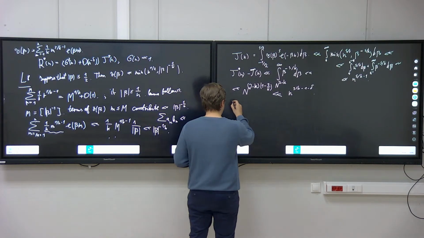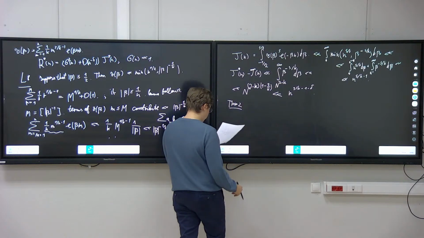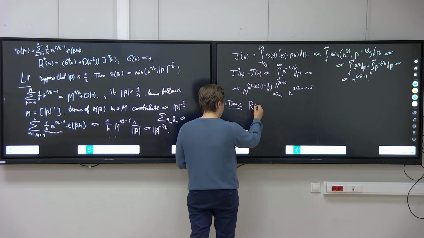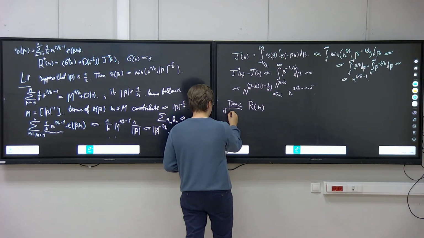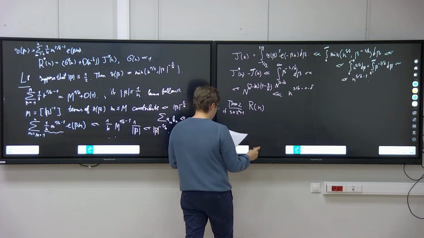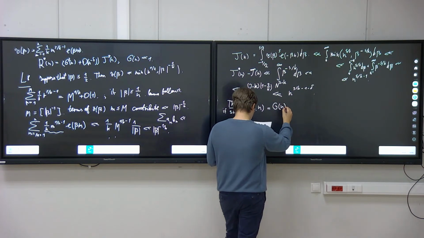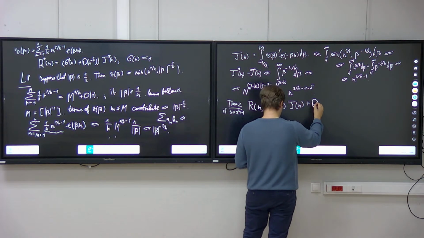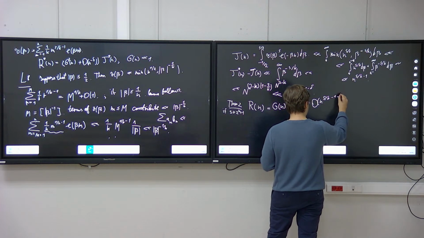Okay, and so theorem 2, including the previous lecture: our R of n, which is the number of representations, if s is greater or equal than 2 to the power k plus 1, R of n is equal to J of n, G of n multiplied by J of n, plus big O of n to the power s over k minus 1 minus delta.